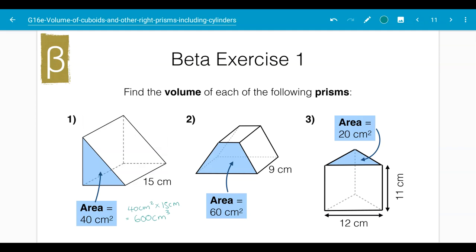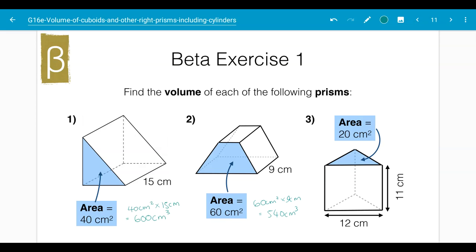Cool. And then this one, now the nice thing about this is the cross section here is a trapezium, but we've been given the area of the cross section, so we don't need any formulas to find the area of the trapezium. We just need to do 60 multiplied by 9 centimeters, which would be 540 centimeters cubed. And finally, you've got a triangular area and the prism's going down.